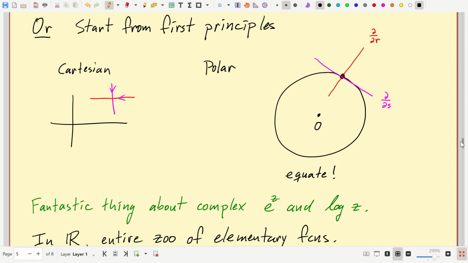That's where the 1 over r's come from, the arc length of that thing, so that it's related to the actual difference quotient. And that's just a little bit of calculus. It's worth sort of thinking about it.